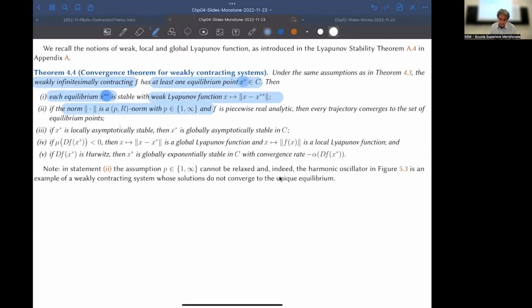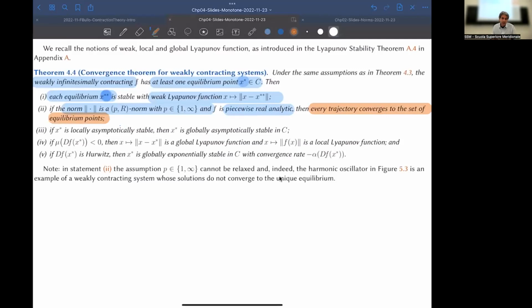Then, if your vector field is smooth enough, so that it doesn't have to be analytic everywhere but is piecewise analytic, if I have a vector field which is sufficiently smooth on the boundaries of a polyhedron, then every trajectory converges to the set of equilibria. I'm not saying the equilibrium is unique, but I'm saying it converges.